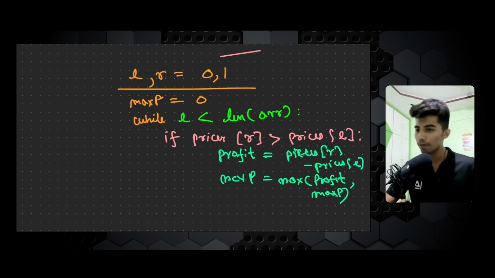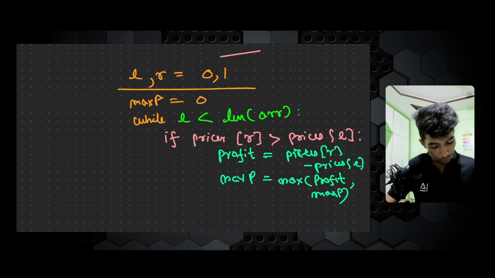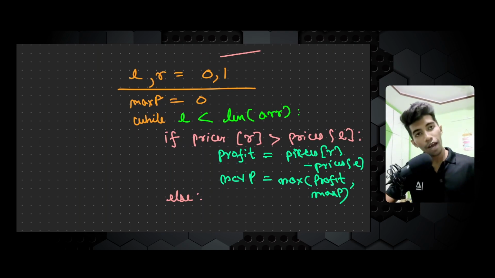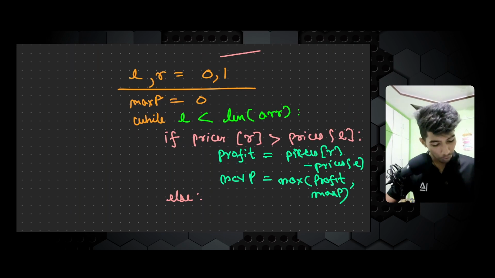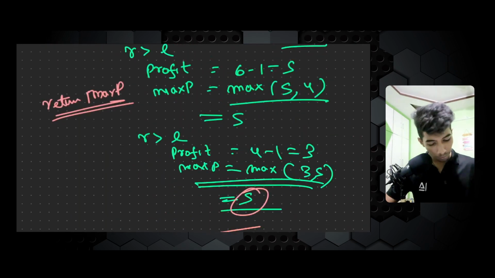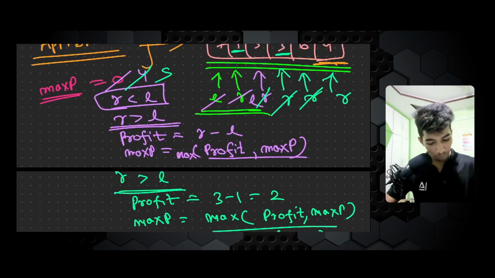Okay, like this we will be doing this. And then it comes to the next part of it. In the else case, when my R will be lesser than L, then what I will do, this is the case actually.